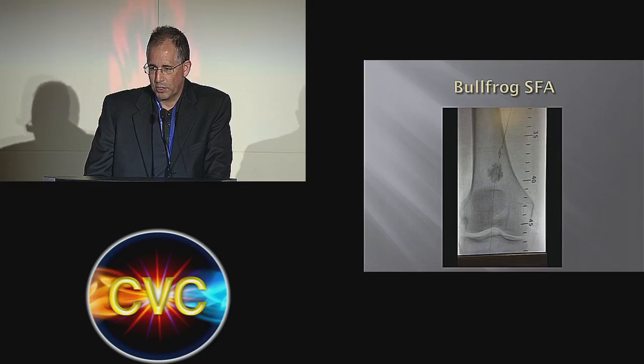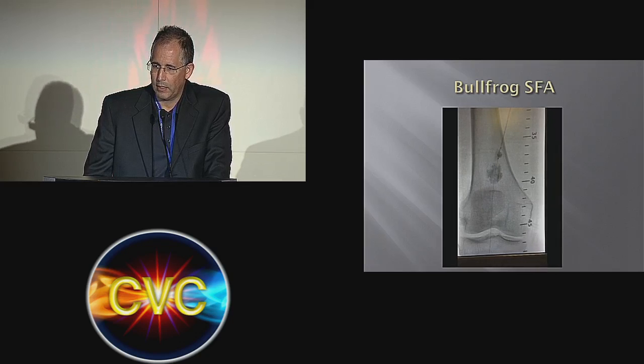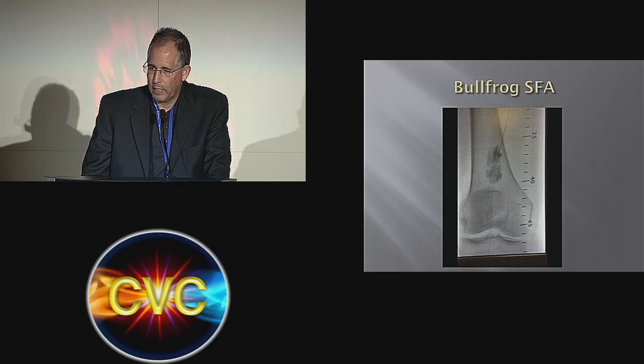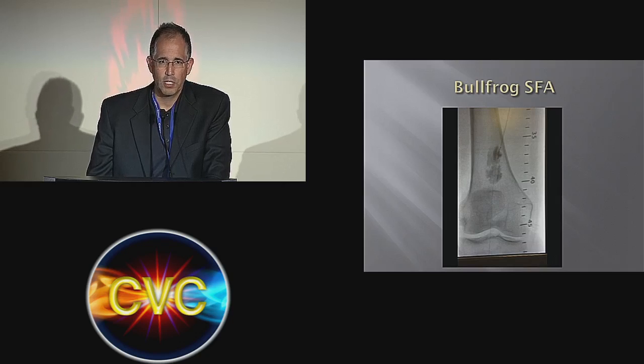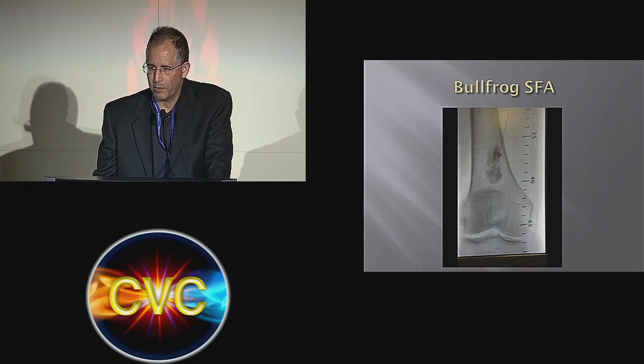So first you'll see the balloon inflate. That's the balloon associated with the Bullfrog inflating. Then I'll inject, and you see immediate staining of the adventitial tissue. And then you see secondarily a diffusion of that drug outward. And then over time, that drug will also diffuse in a cranial caudal direction and circumferentially around the vessel.